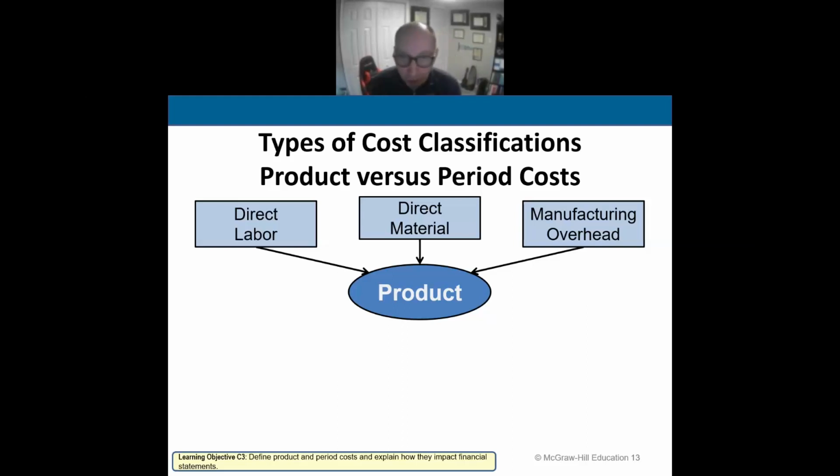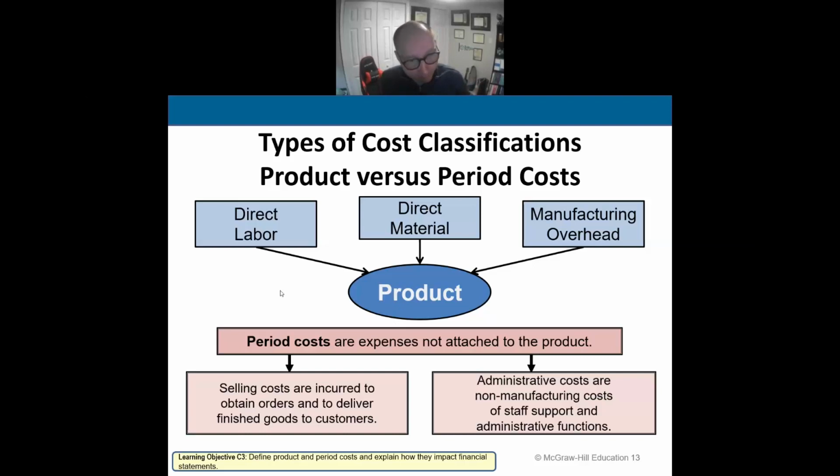That's where we include all of the other costs that are related to the manufacturing process, but we can't easily directly trace. It's going to be in manufacturing overhead. And we'll break these terms down even further. But just remember, the total cost of a product includes direct material, direct labor, factory overhead. Those three things are the total cost of a product.